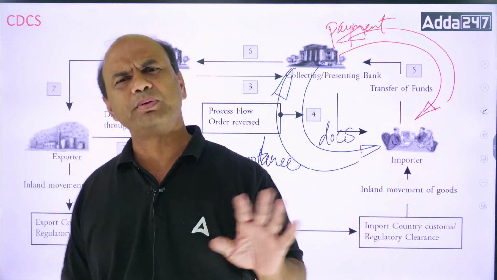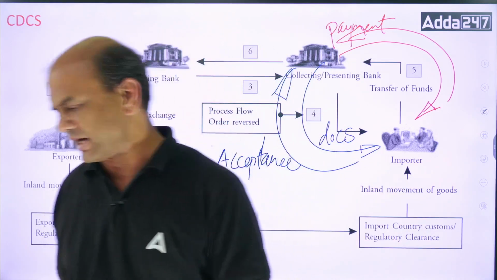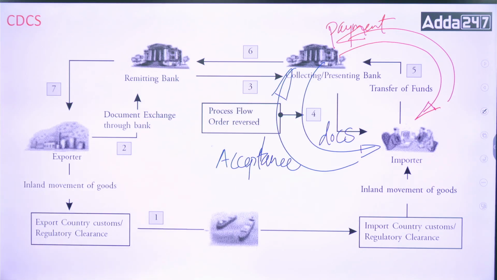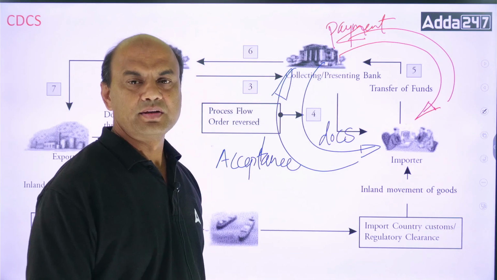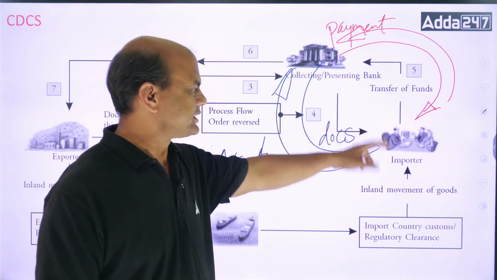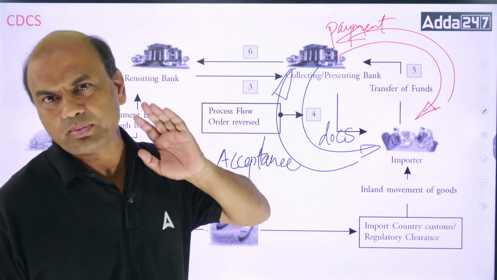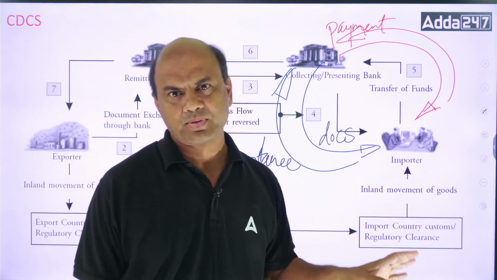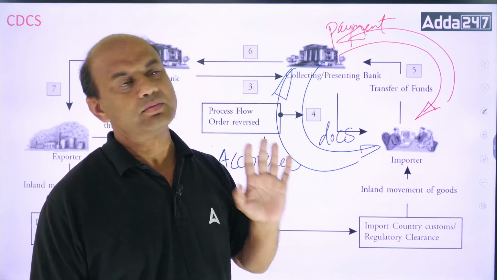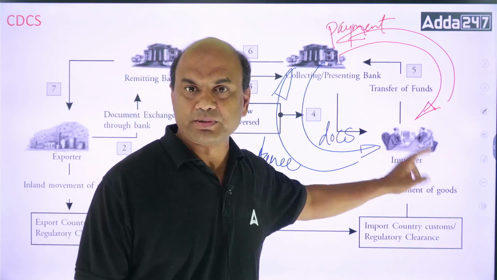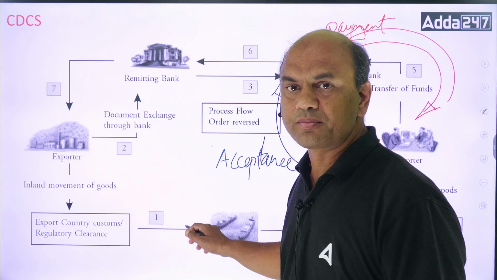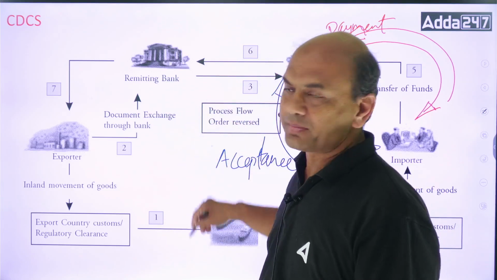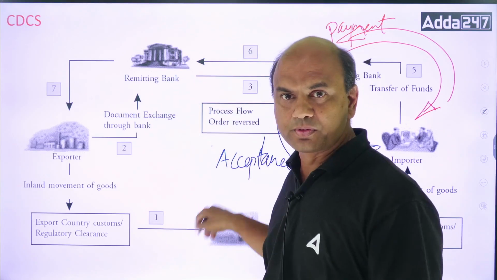The buyer will say, I will not pay you now. I am giving you the acceptance that I will pay you after, let's say, 50 days, after 60 days. So this way, the documents this importer receives, let it be DP or let it be DA. There are two things happening: one is documents flow, second is goods flow.